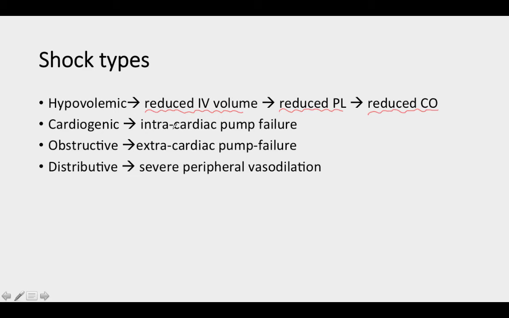Cardiogenic shock is because you have an intracardiac pump failure, and that could be for a number of reasons we're going to go over. Obstructive shock is an extra cardiac pump failure. Like I said, there is too much load on the heart to pump against. And the distributive shock is because of severe peripheral vasodilation.